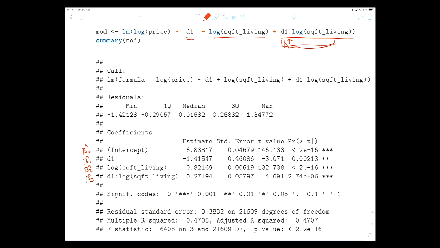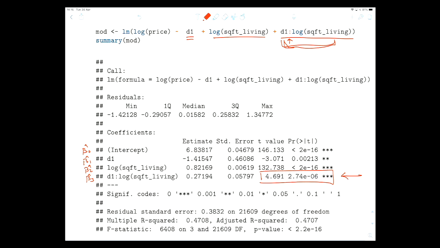If not, you revert back to the same slope but different intercept. Testing that follows the same approach as before: you look at the last line and its corresponding t-statistic and p-value to assess whether the interaction term is statistically significant.